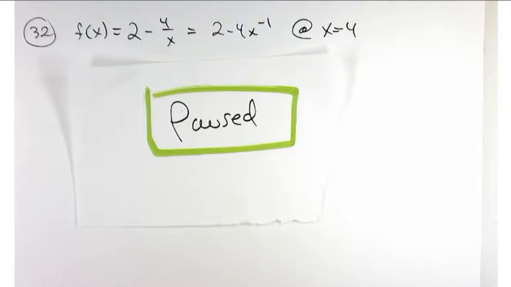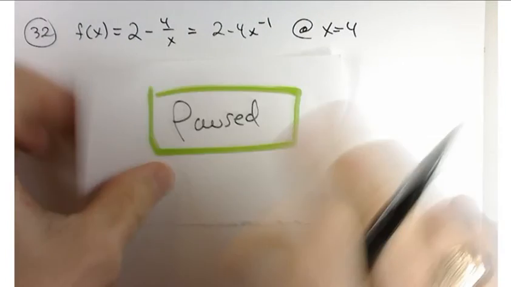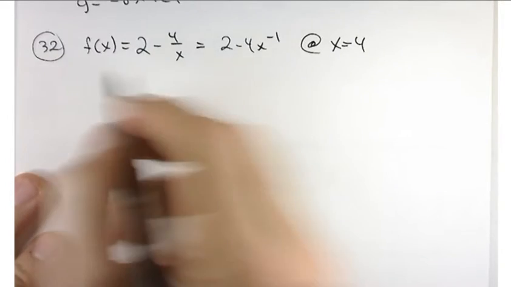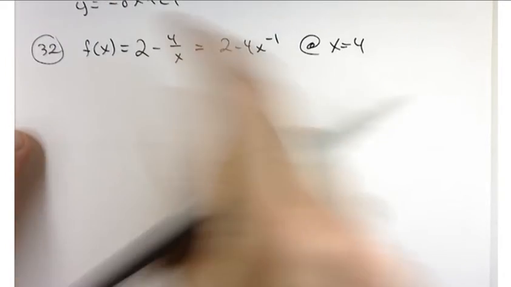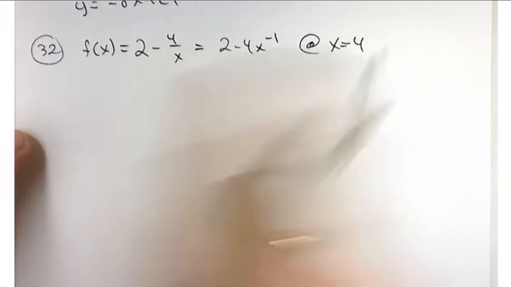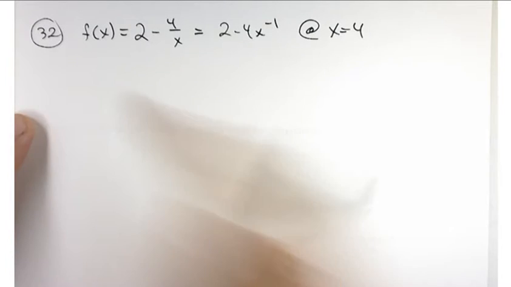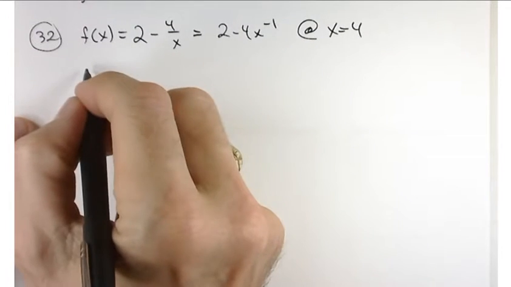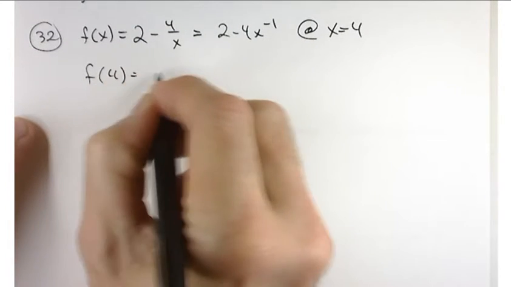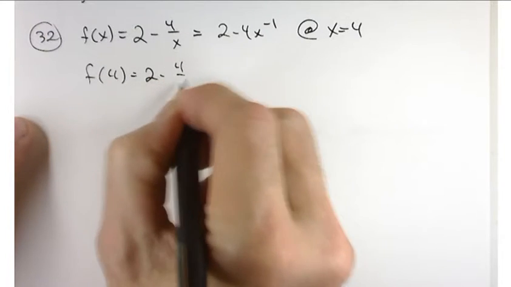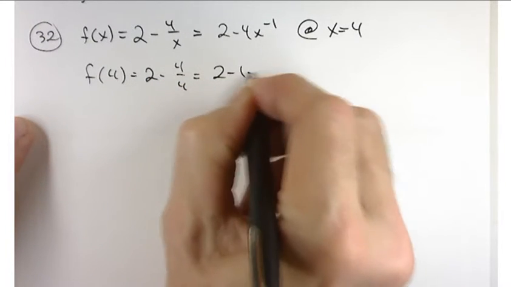Okay. So let's get back to things here. There's a couple things we can come up with next. Let's find the point here. So f at 4 is going to be 2 minus 4 over 4. 2 minus 1 is 1.